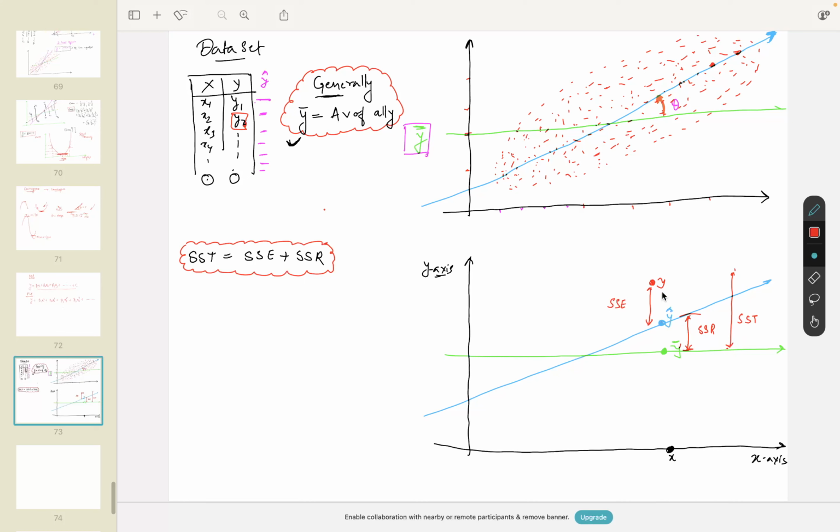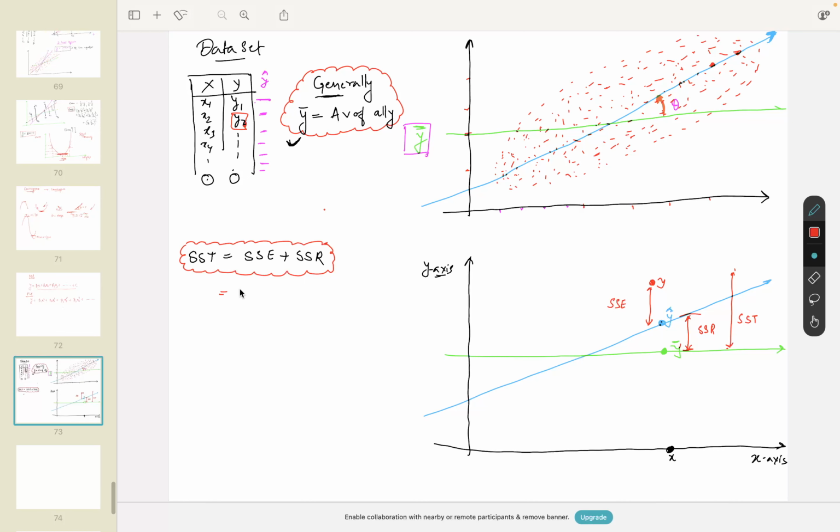Now with this predicted y, we have only this much error left with the linear regression. Getting my point? We don't have this error, right? That's why.